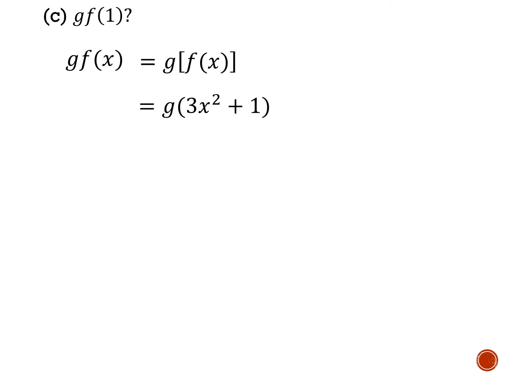Then we substitute 3x squared plus 1 into x of g(x). We get 5 multiplied by (3x squared plus 1) minus 7. Then we expand, and we get 15x squared minus 2.